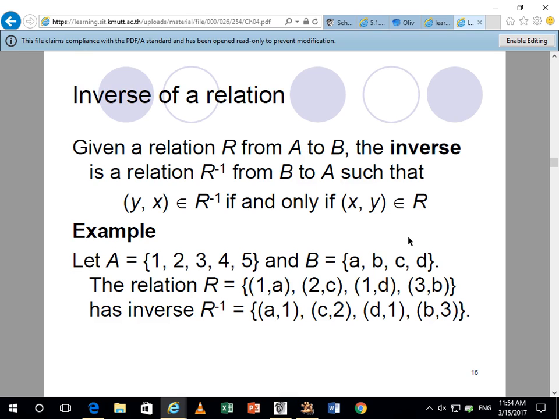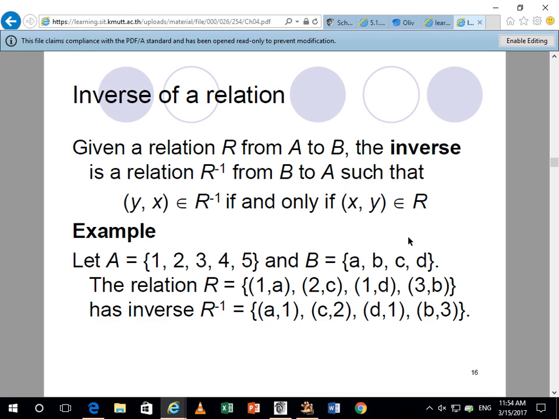A function is not one-to-one. If not one-to-one, that means it's not. You mean the relation is not one-to-one. Yes, in this case, it so happens the inverse is a function, because each input only has one output.